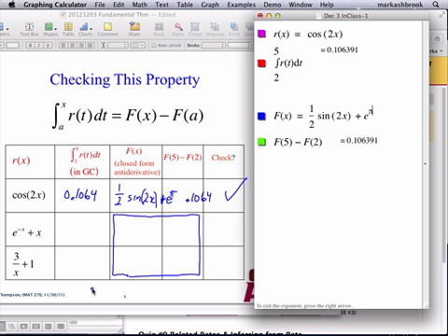Wait, no. At 3x. X to the negative 2 plus x.